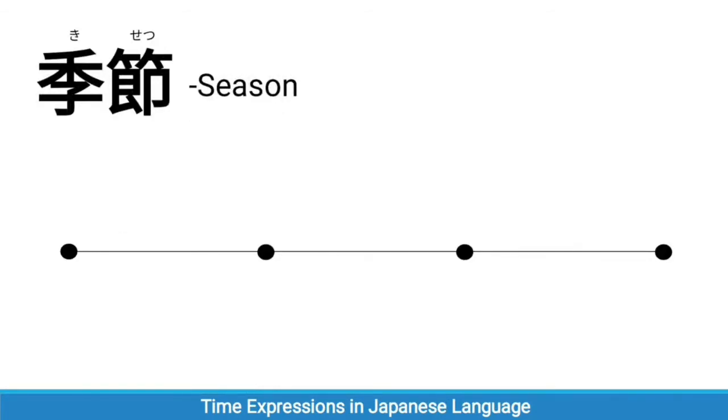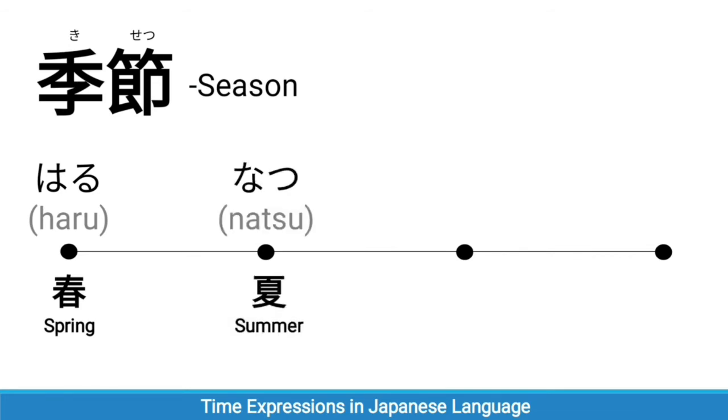Next, we have the kisetsu, yung 4 seasons sa isang taon. Oh, my favorite. Favorite is spring. So, we have haru. Sige, we have summer. After ng spring, we have summer, which is natsu.